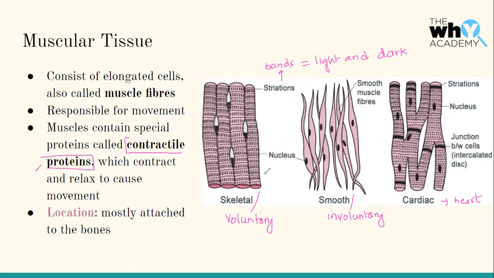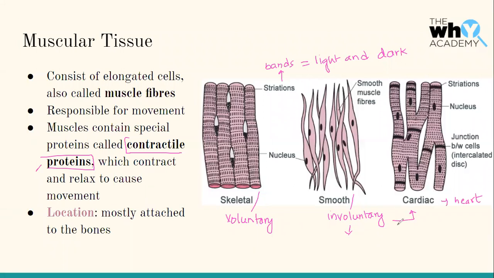Smooth muscle is called smooth because it lacks bands or striations. And these are all involuntary muscles. Involuntary would be the muscles which we cannot control, like all the muscles in the intestines or muscles involved in the alimentary canal mainly.